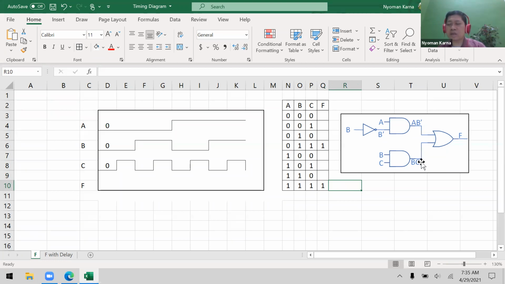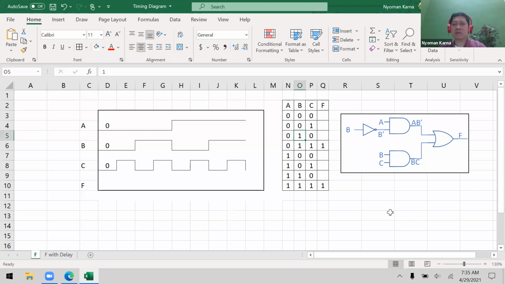Now let's move on to the next leg, which is A B naught. If A B naught is 1, then the output is 1. So what combination will make A B naught 1? The combination is A is 1 and B is 0. So let's find which rows have A is 1 and B is 0.